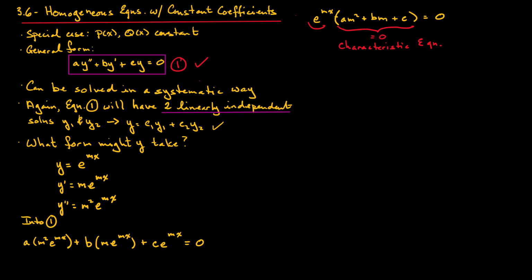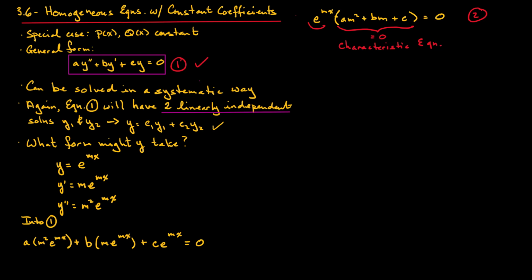So substituting this and its derivatives into equation 1 gives us equation 2 over here, in which the bracketed terms must be equal to 0. This term in brackets is called the characteristic equation, which is a second-degree polynomial with two roots, m1 and m2.